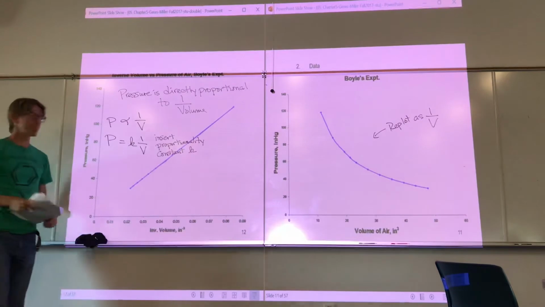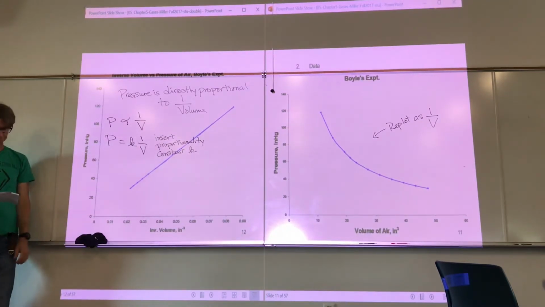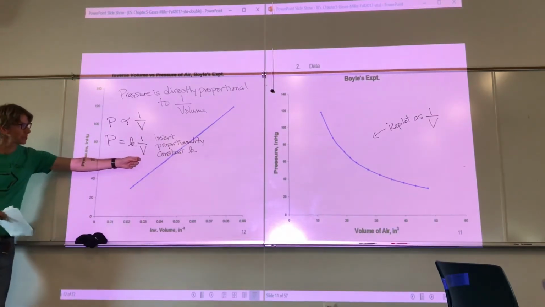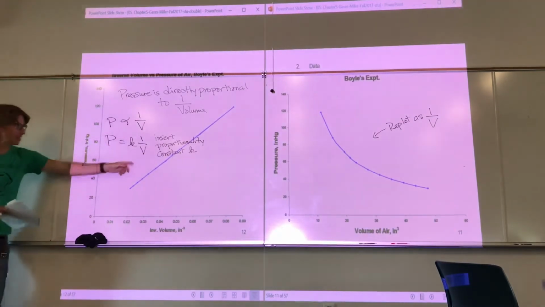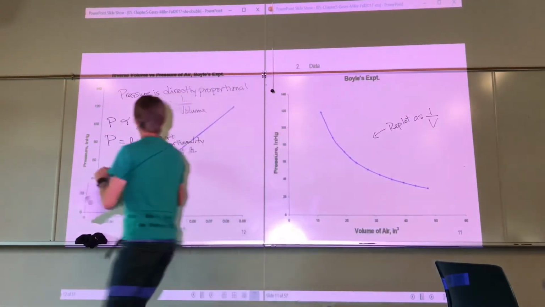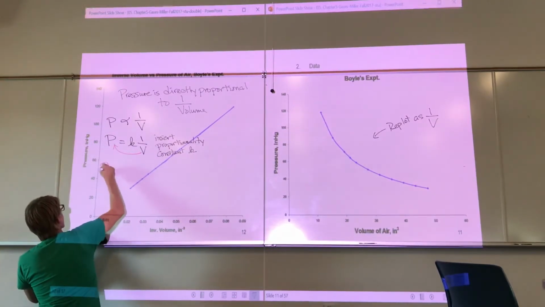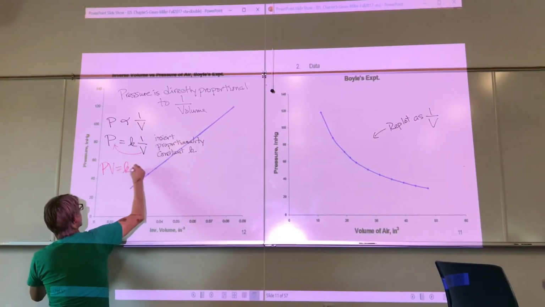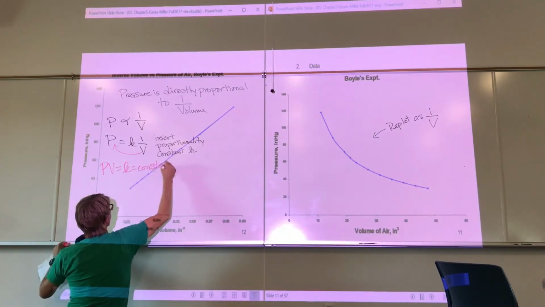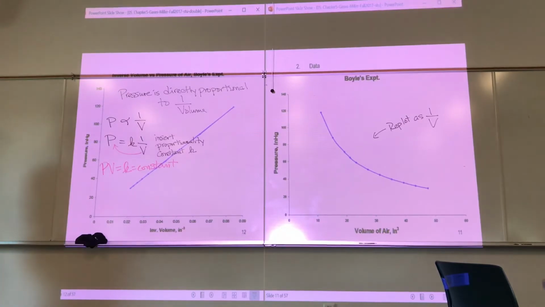That's the lowercase, just regular letter, K. And now I'm going to move the volume to the other side. PV equals K, where K is a constant.